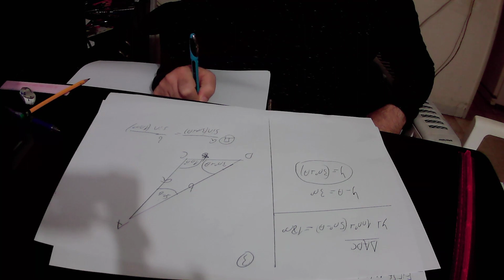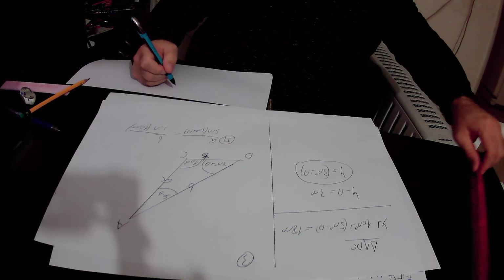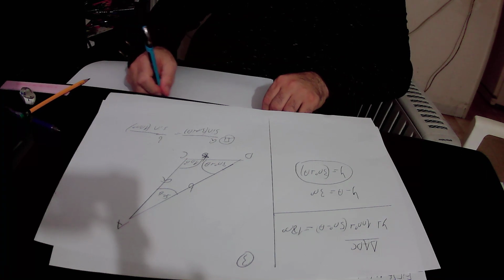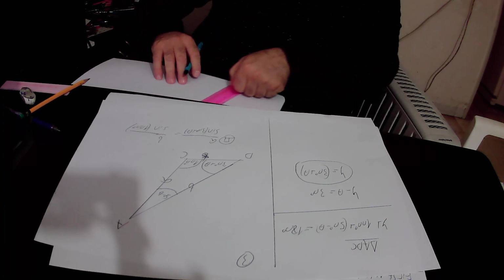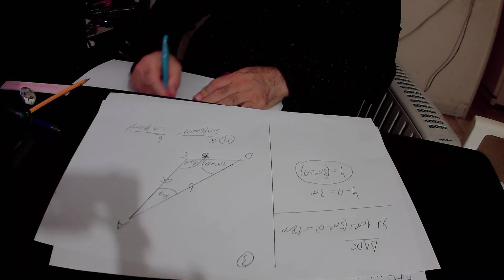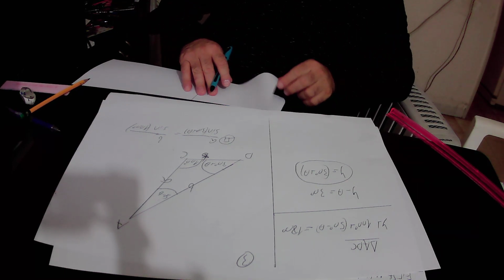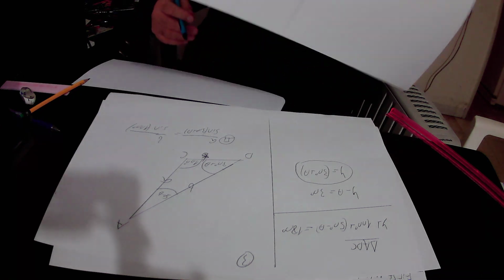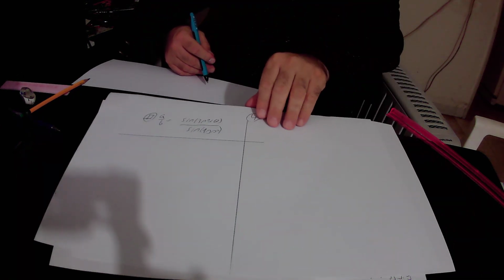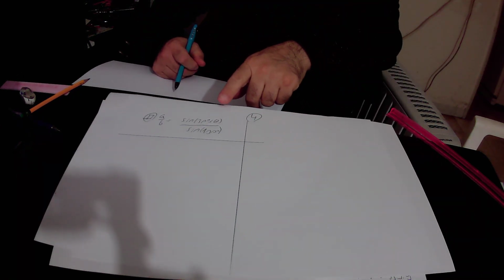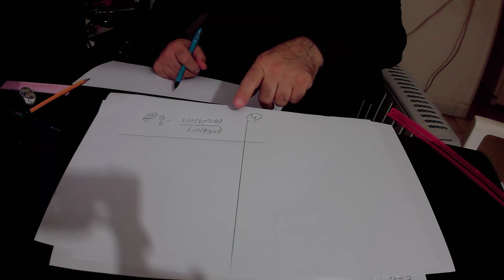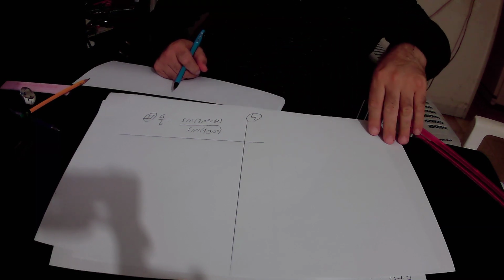I will repeat again. According to equation number 2, in triangle ADC, A over B equals sine 30 degrees plus theta over sine 100 degrees.